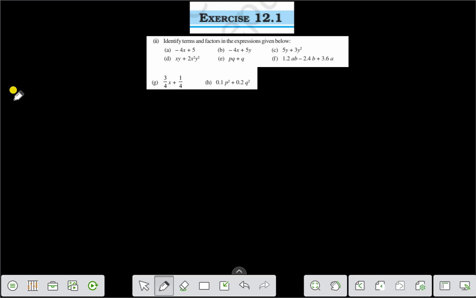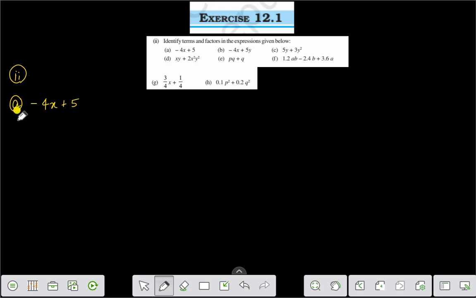Question number 2a. We will find the terms and factors of question A. Here, what is given is minus 4x plus 5. You find the different terms.